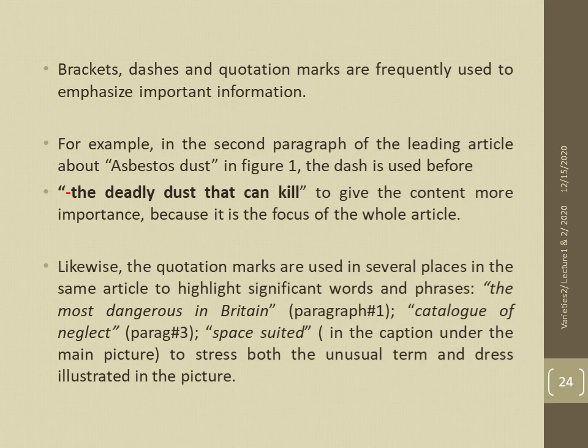It's not used abruptly, but for a purpose, to give the content more importance because it is the focus of the whole article. Whenever you find any piece of information between dashes or quotation marks, it means that this is of high and prime importance to the writer and to the newspaper.